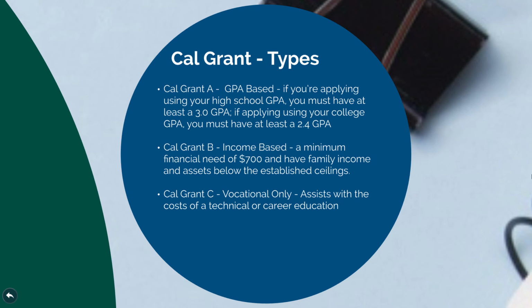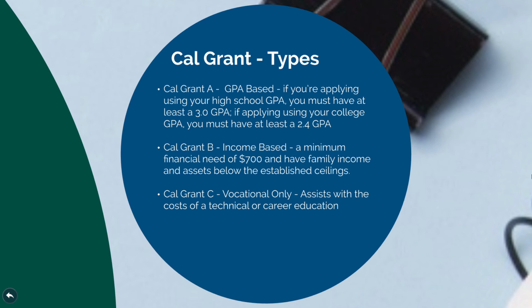To qualify for Cal Grant B, you must have a need based on income. Usually the criteria used for this is a minimum financial need of $700 or a family income that meets certain established income ceilings. I'll post a link for what those income ceilings are on the program template, so that if you have questions on whether you qualify for this grant, you can take a look there.